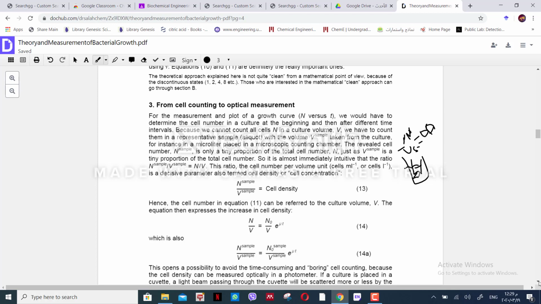Hence the cell number in equation 11 can be referred to the culture volume V. The equation then expresses the increase in cell density, so n over v equals n naught over v times e to mu t.